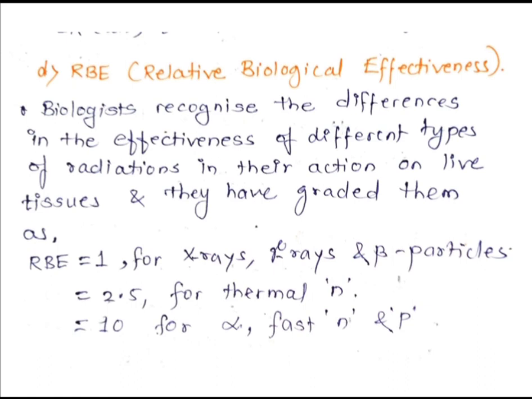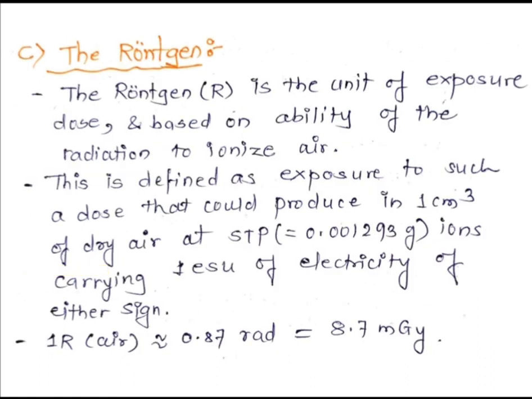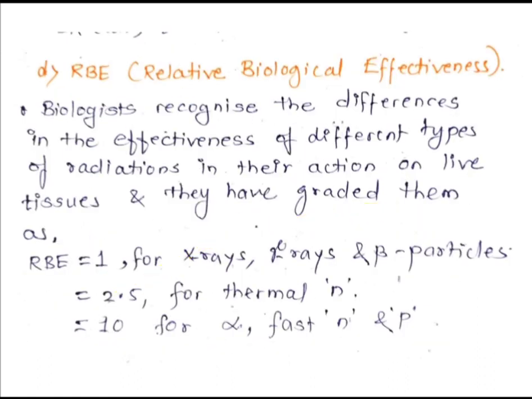When alpha rays, gamma rays and beta particles come in contact with our body, some amount of the radiation will get absorbed into our body, and that will be calculated as a relative biological effectiveness. And RBE is equal to 1 for the X-rays, gamma rays and the beta particles.